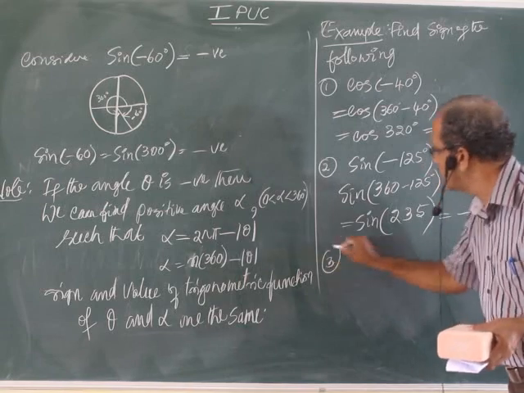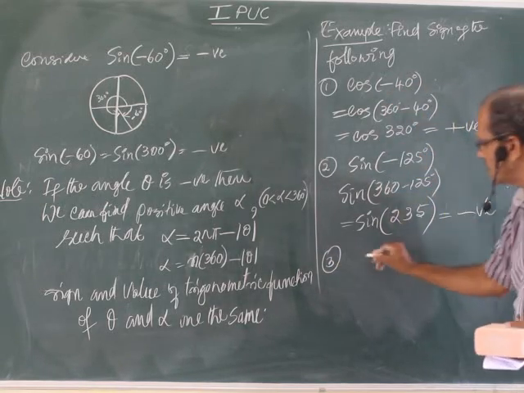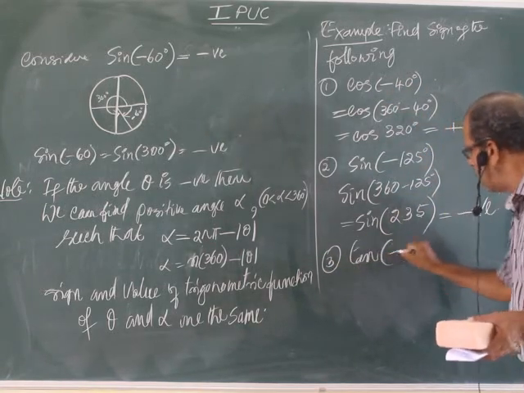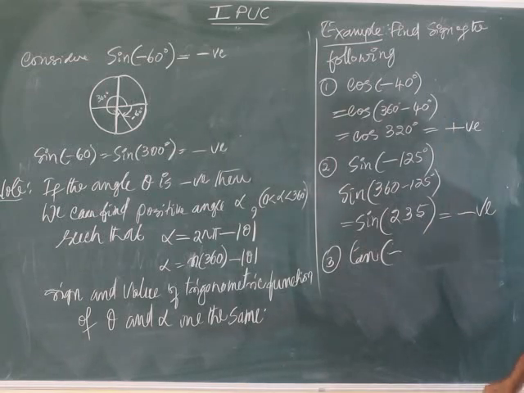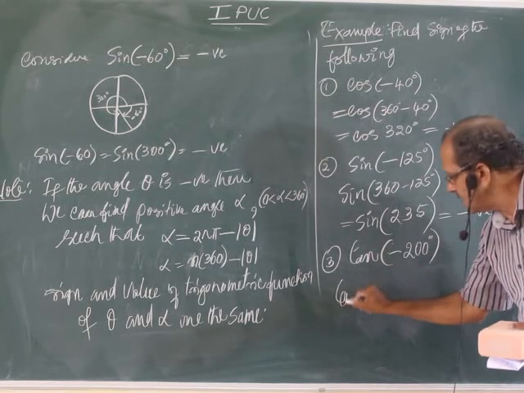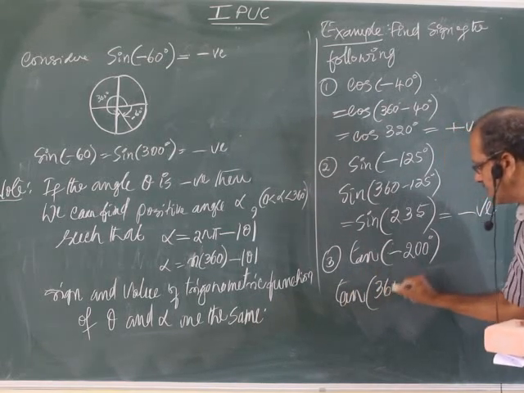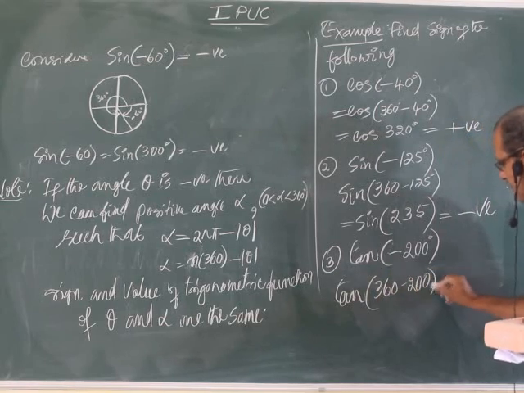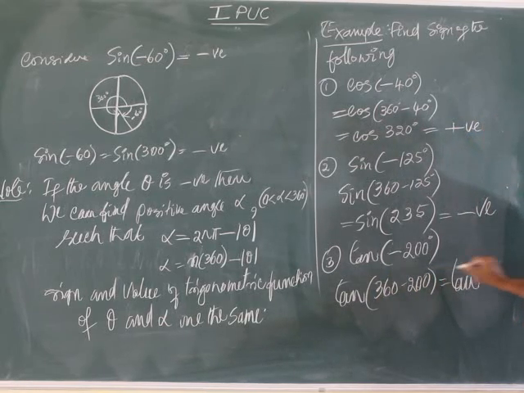Third one is tan of minus 200 degree. Tan of 360 minus 200, tan of 160.